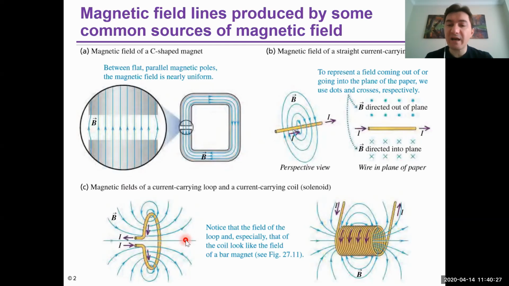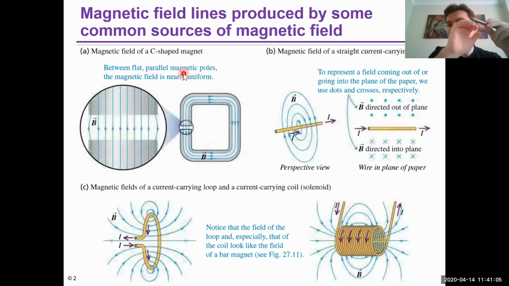But in order to get a homogeneous magnetic field, you have to use solenoids, okay? A current carrying coil. Here we have many turns of the conducting wire. Then you apply current. Again, to find the direction of the magnetic field in that case, these arrows will show the direction of the fingers, okay?